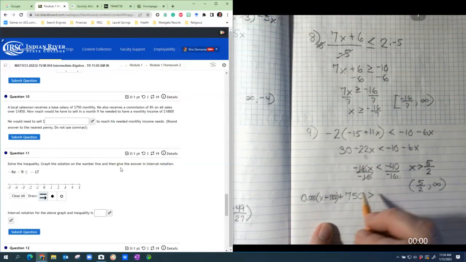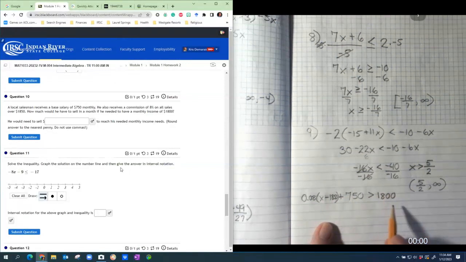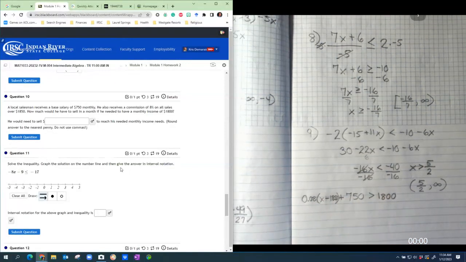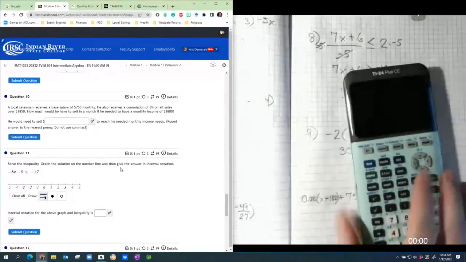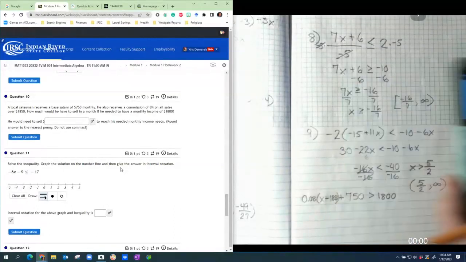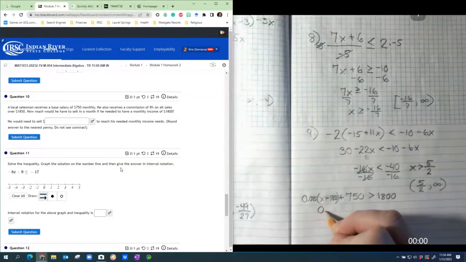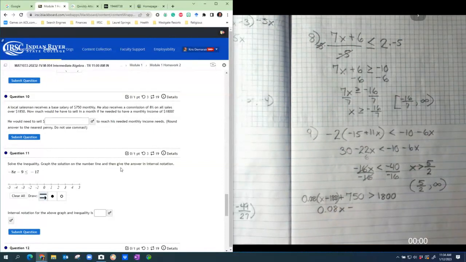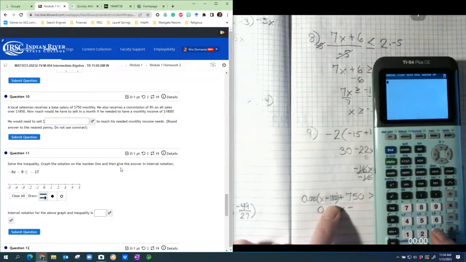Now it wants to know how much he would need to sell in order to get $1,800 for the commission plus his salary. So now we got this. We don't really have to use our calculators for 0.08 times X, but we do need to for the 1850.